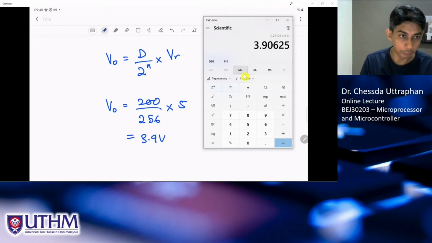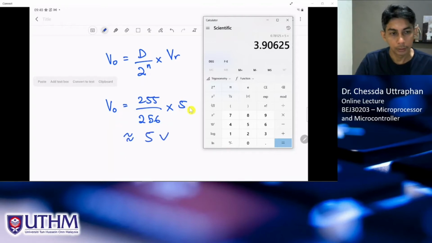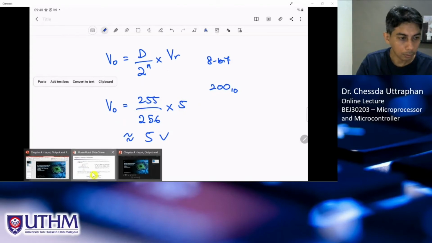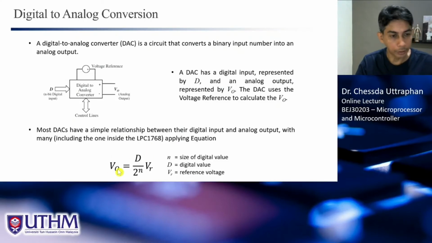So with the maximum of 255, we have approximately 5 volt. That is how we calculate, or estimate, the V out using this equation. This is straightforward, very easy.